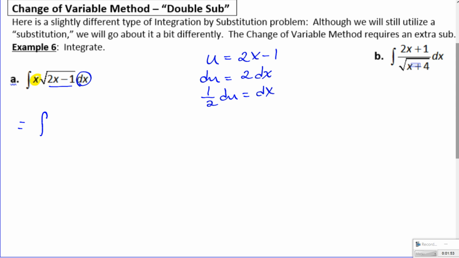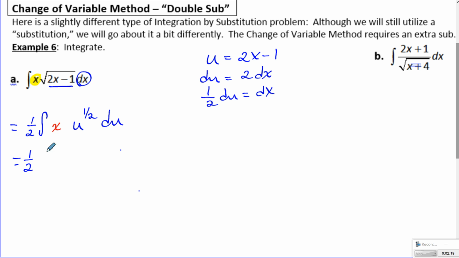All right, so we've got some things we can sub for. The x is a problem, so I'm just going to keep that in red for right now because I haven't subbed it out. This is u, 2x minus 1, so I'm going to have a u to the 1/2. And dx is a 1/2 du. And then I've got that glaring x hanging around, don't I?